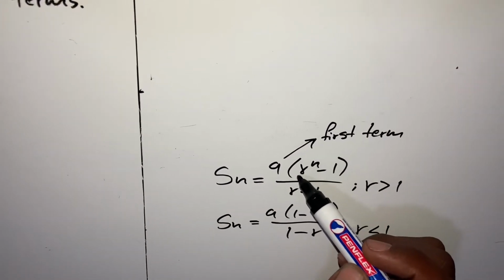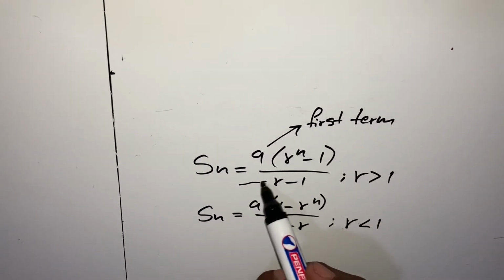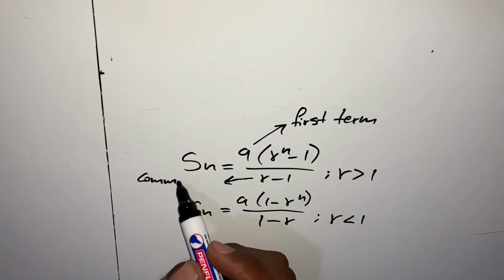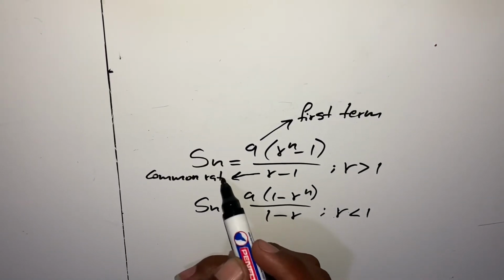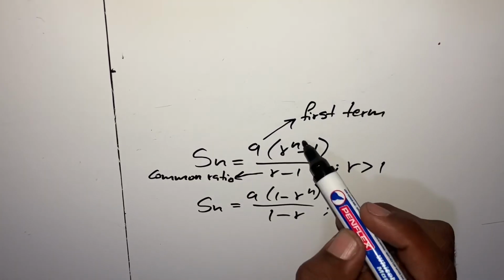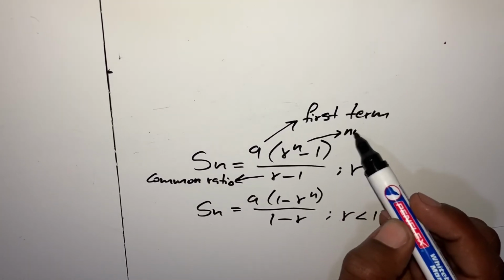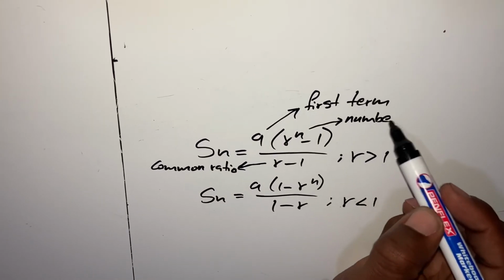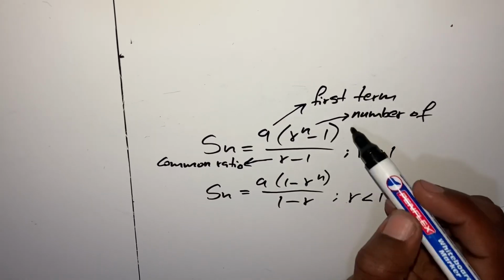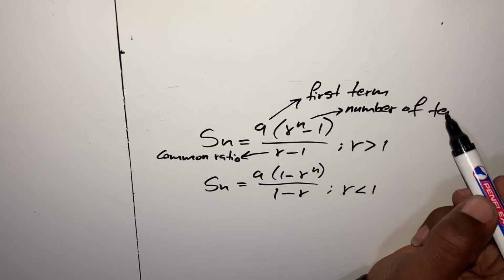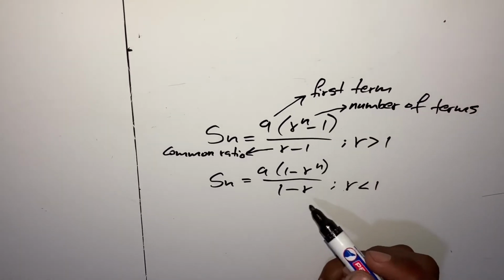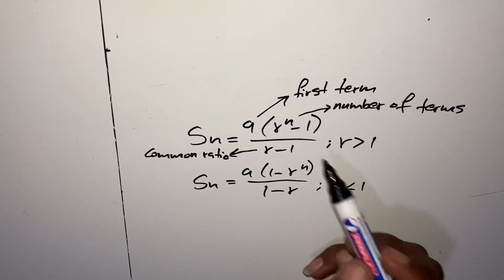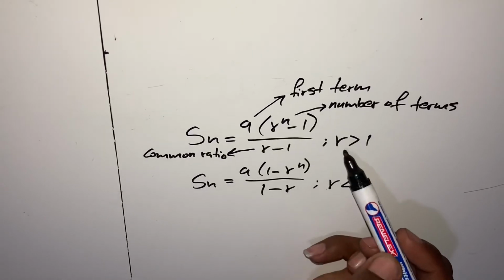Our R is our common ratio. Our N is still the number of terms. Then the condition is R is supposed to be greater than 1. So our ratio for us to use this formula must be greater than 1.